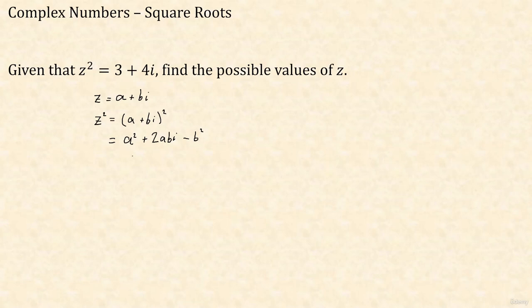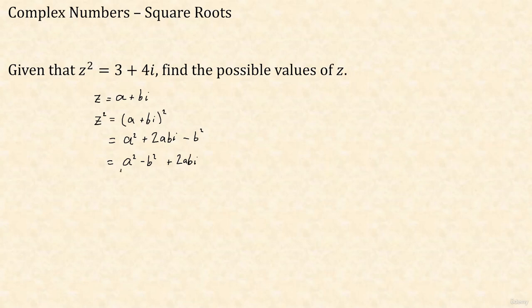What I've got now is a complex number where the real part is a squared minus b squared, and the imaginary part is 2ab. If I group it up, it's a bit more obvious. I've got a squared minus b squared, that's the real part, and then 2abi, there's the imaginary part.